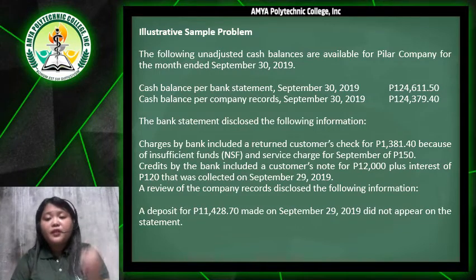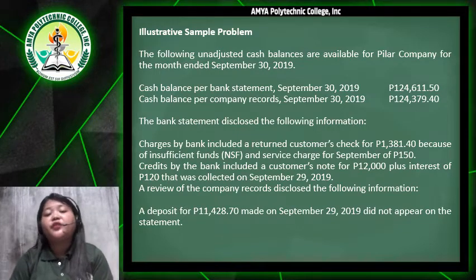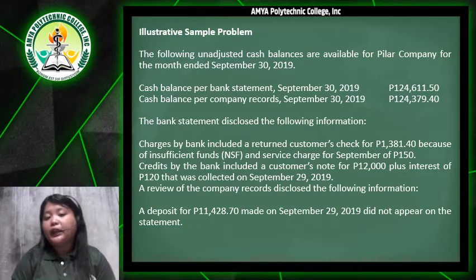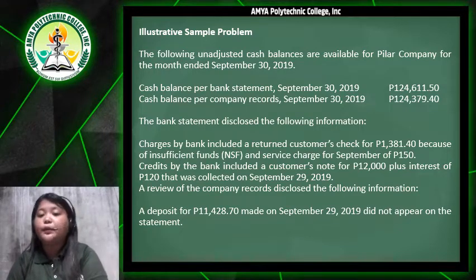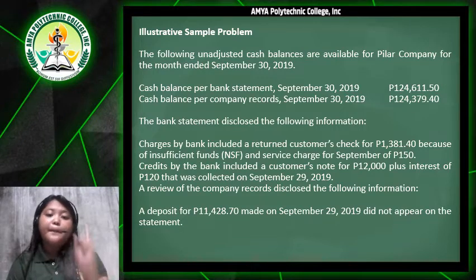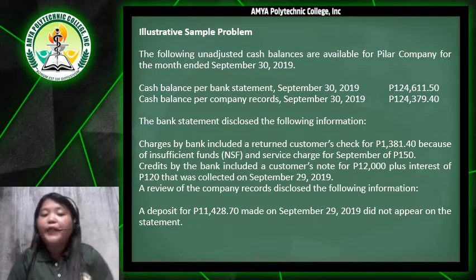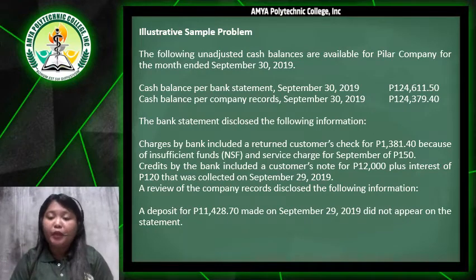The bank statement disclosed the following information. Charges by the bank included a returned customer's check for 1,381 pesos and 40 centavos because of insufficient funds, or NSF, and a service charge for September of 150 pesos.